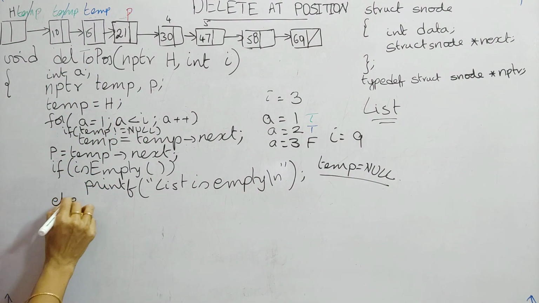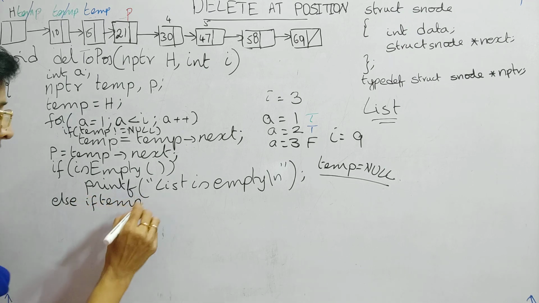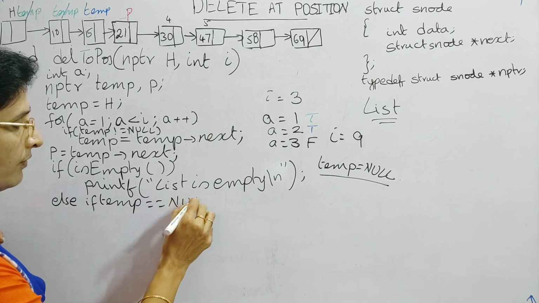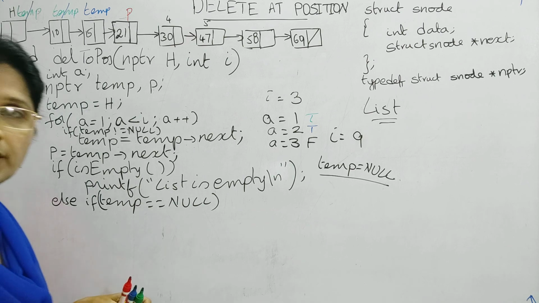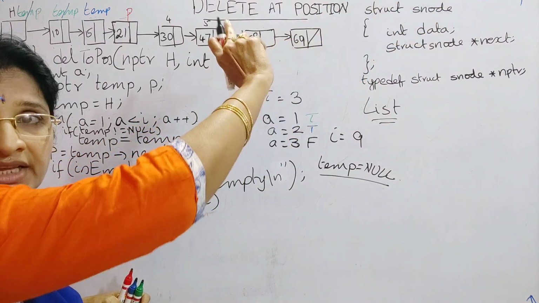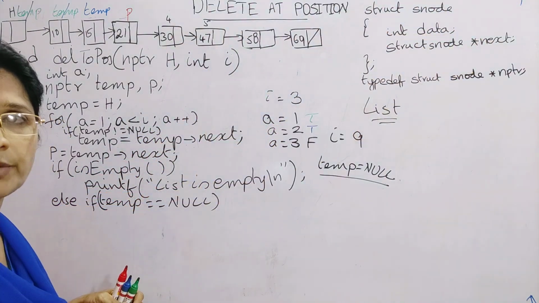Else if temp is double equal to null. So this is one condition. If temp is equal to null, what does it mean? It has exceeded your list; the position is after your last node. That is not possible.